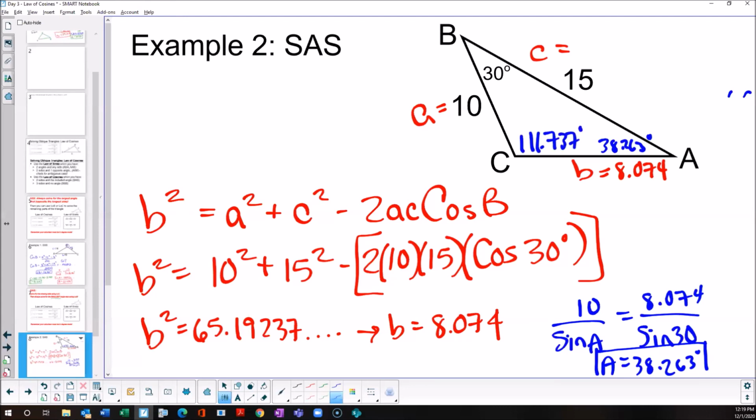Actually, in this triangle, you can see what I'm talking about, what would happen if you got the wrong angle first.